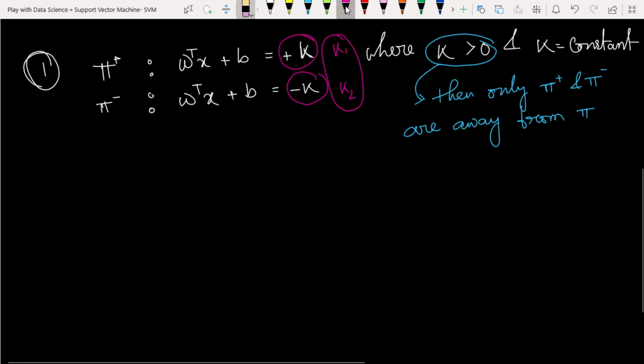Nothing else. Simply write: why are we not taking k1 and k2?